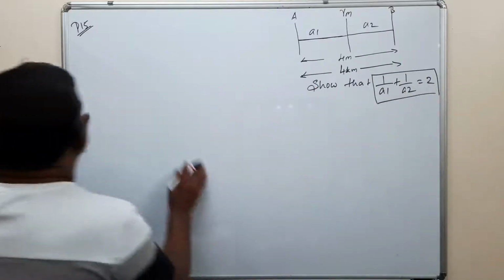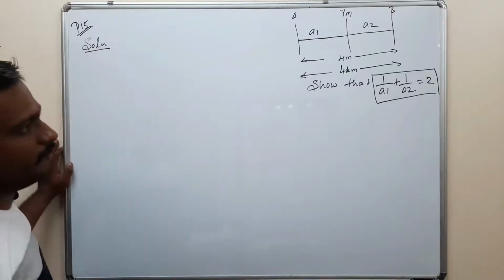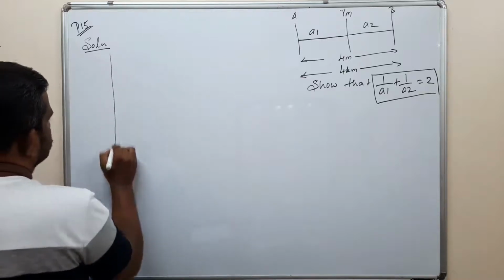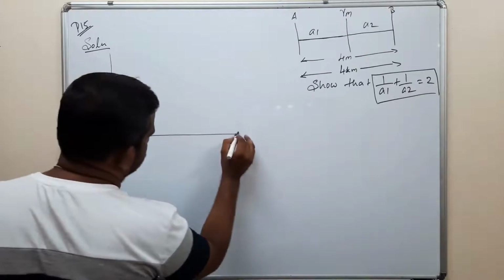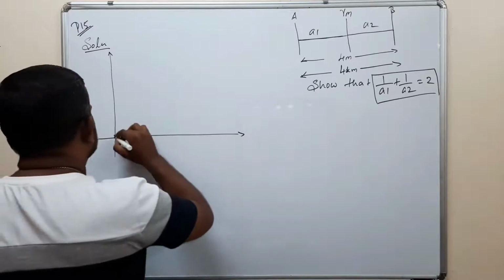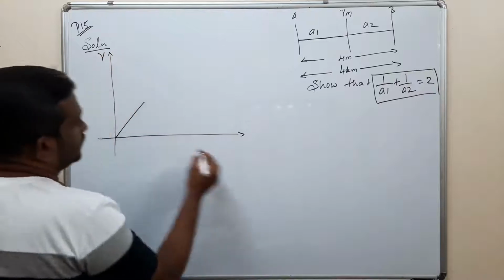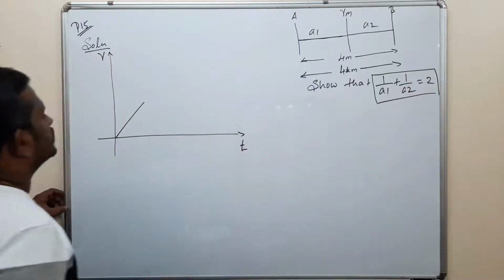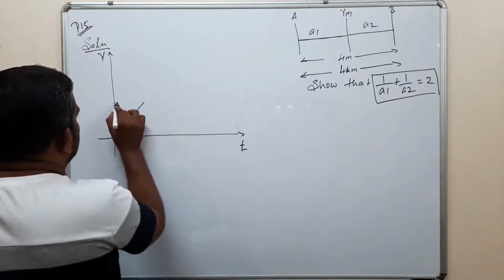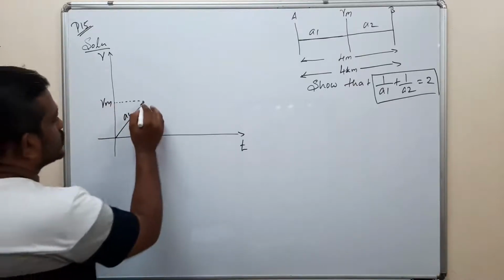So for the solution, draw the velocity time graph. The train starts from rest and moves with a constant acceleration a1, and at this point it reaches the maximum velocity Vm.